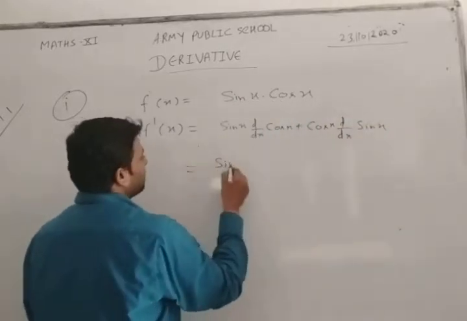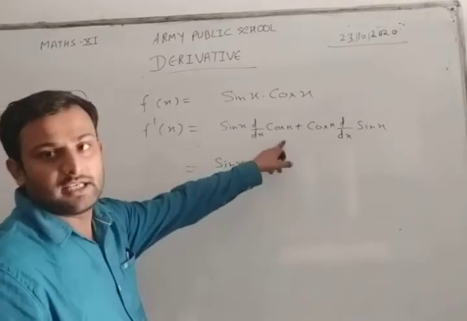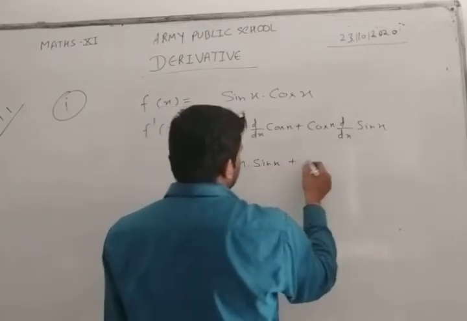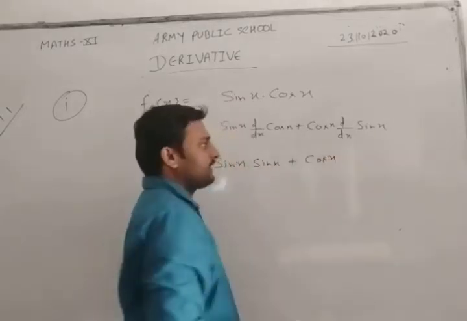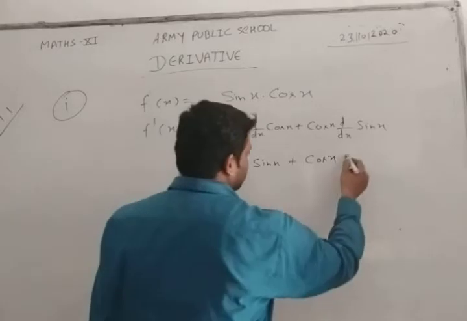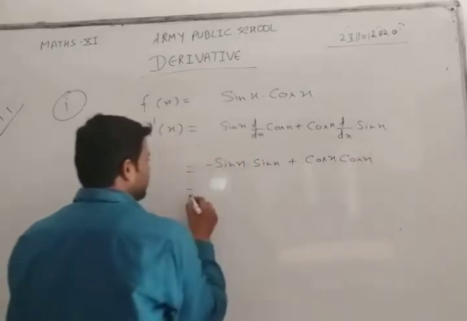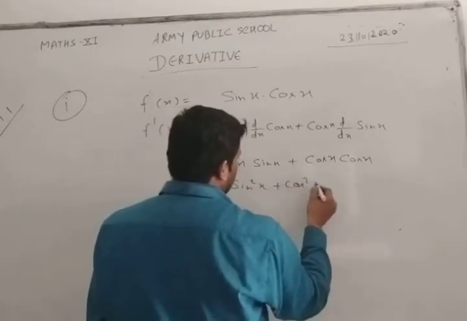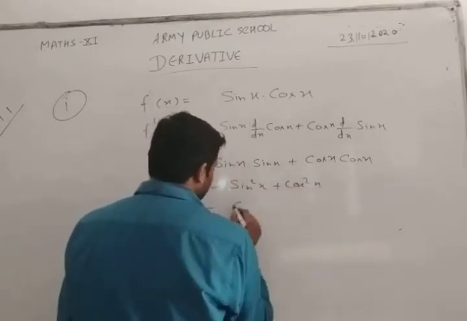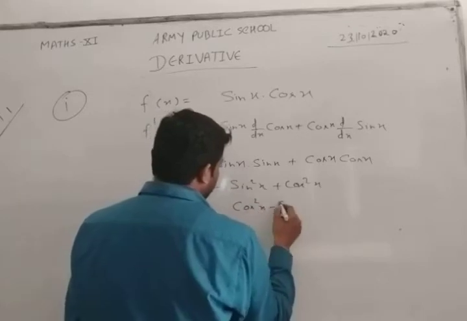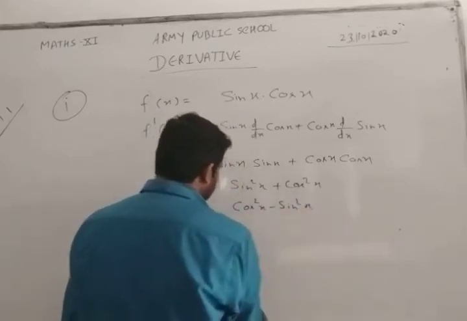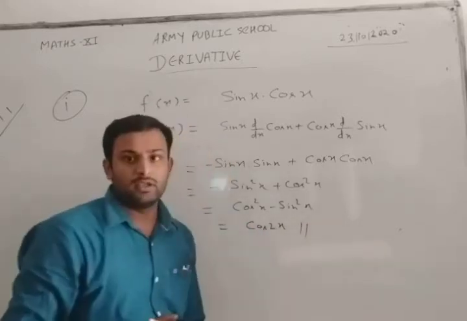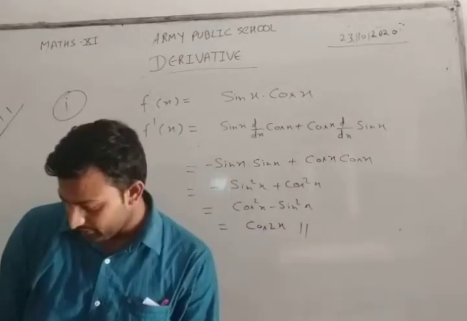Now sin x into differentiation of cos x, which is minus sin x, plus cos x into differentiation of sin x, which is cos x. So we write minus sin square x plus cos square x, that is cos square x minus sin square x. It will be cos 2x and it will be our answer.